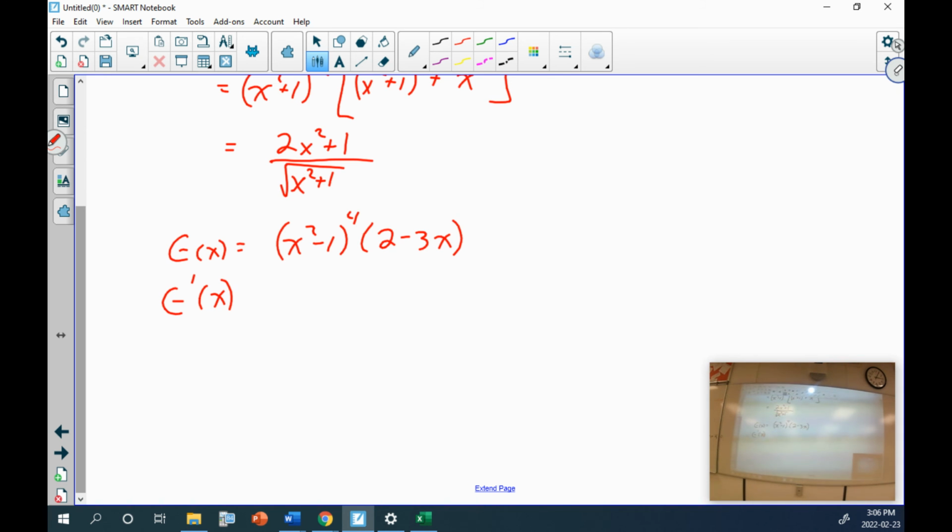Squared. Oh, okay. And over here, taking out x squared minus 1 to the cube. So let's get minus 3 x squared minus 1 to the 1 as well. Minus 1 squared minus 5x.